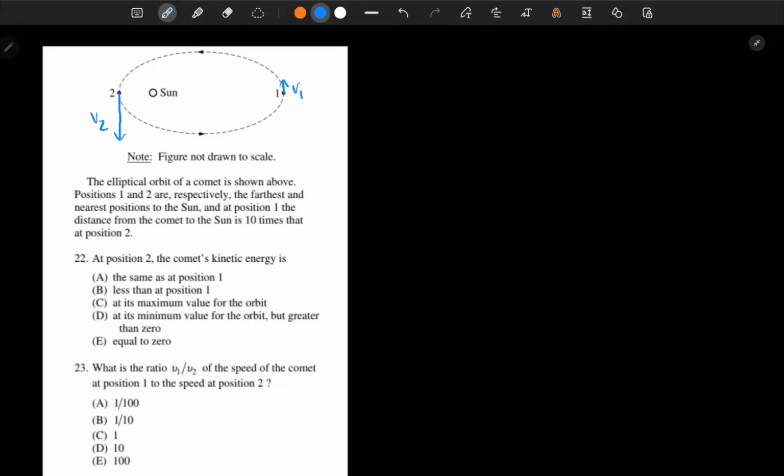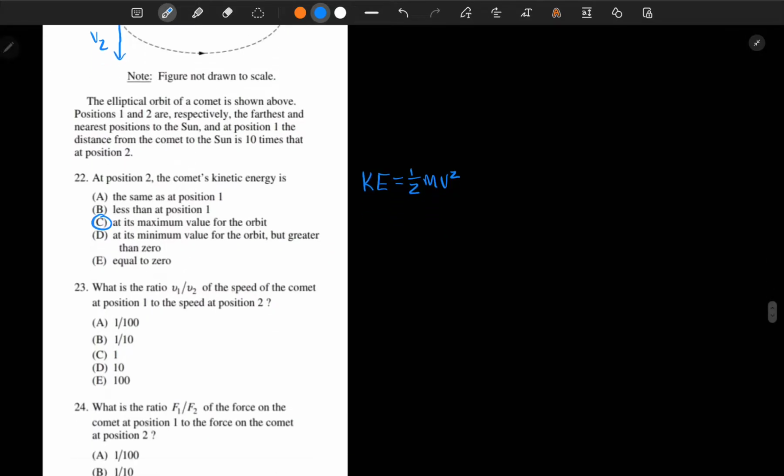Then, the kinetic energy is equal to 1/2 mv squared. Since we have a v here, the kinetic energy should have its maximum value when the velocity is maximized, and that occurs at position 2. So the kinetic energy should be at its maximum value. So the answer is C.